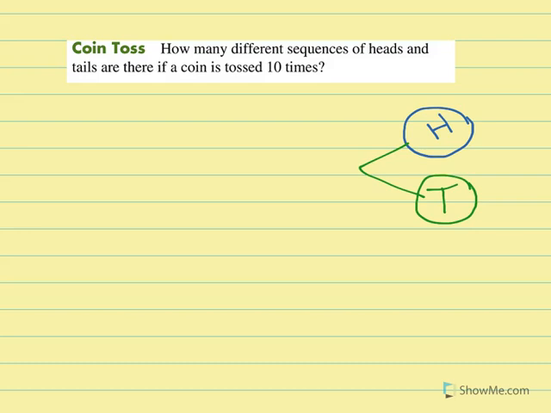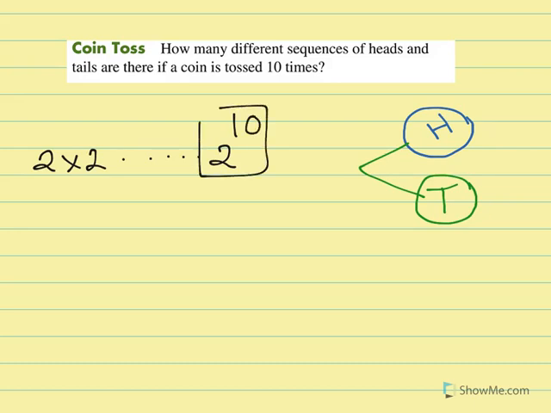Only 2, right? So if I toss a coin 2 times, I have 2 times 2, that's 4 possibilities. And then 10 times, you end up with 2 times 2, 10 times, which is 2 to the power 10.